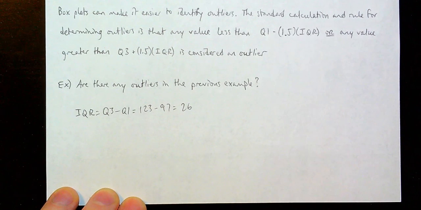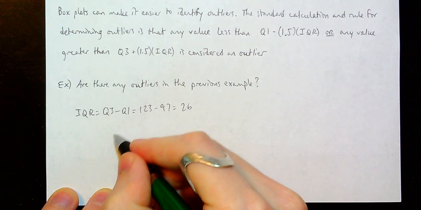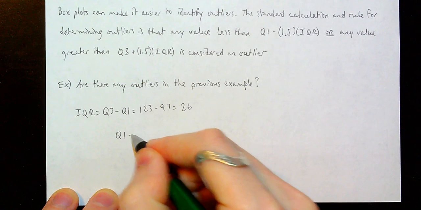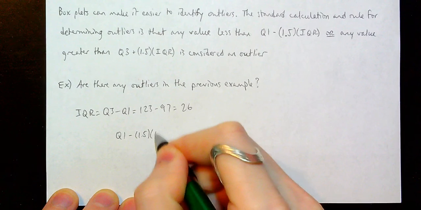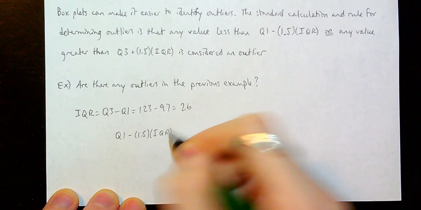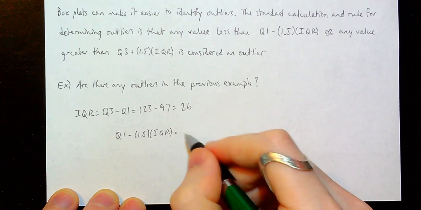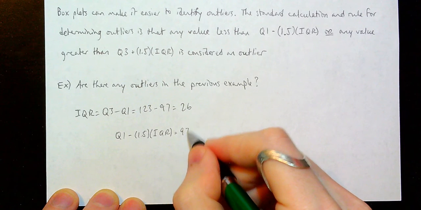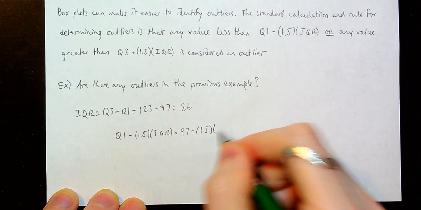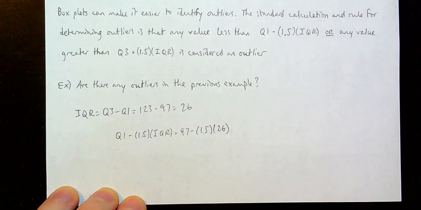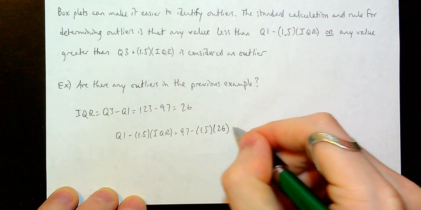Okay, so I need to do Q1 minus 1.5 times the IQR. Again, quartile 1 was 97. Minus 1.5 times 26. If you do 1.5 times 26, you get 39. And if you do 97 minus that 39, you're going to come up with 58.